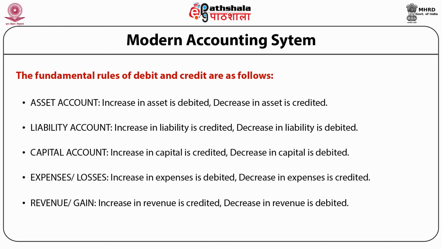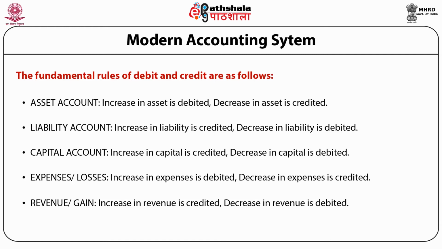Now transaction number 3. Purchased furniture from Shamlaw and Sons for rupees 60,000. Rupees 30,000 paid in advance in cash. Analysis. Purchase of furniture means increase in asset of the firm by rupees 60,000.